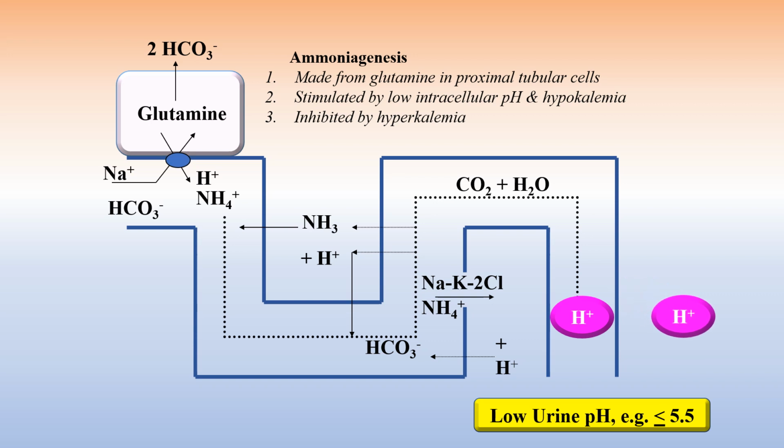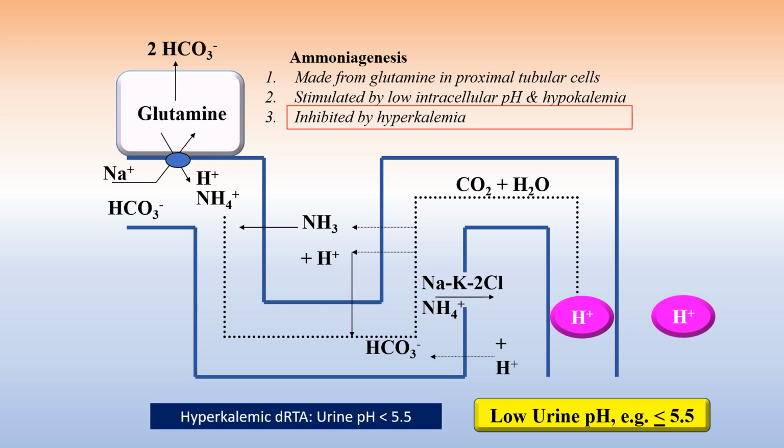In patients with distal RTA associated with hyperkalemia, ammoniagenesis is reduced because hyperkalemia inhibits ammoniagenesis. Because of this, patients with hyperkalemic distal RTA can present with low urine pH and worse metabolic acidosis compared to those with normal kalemia.